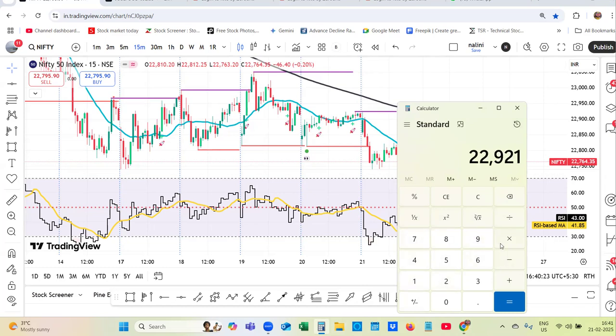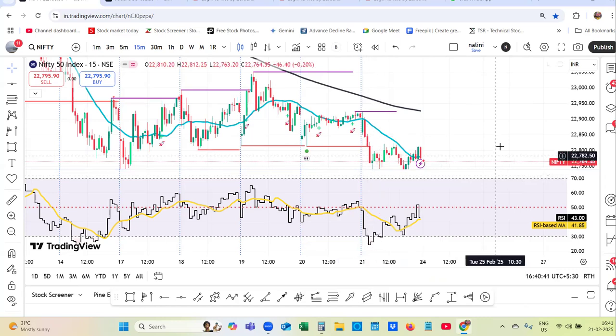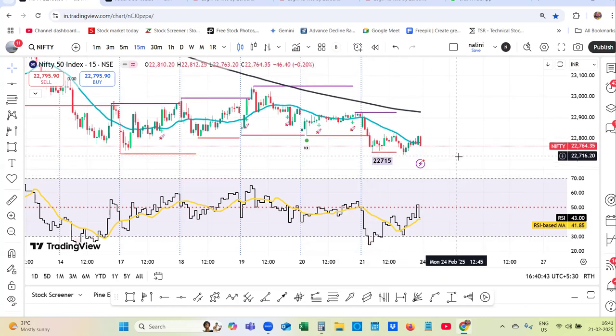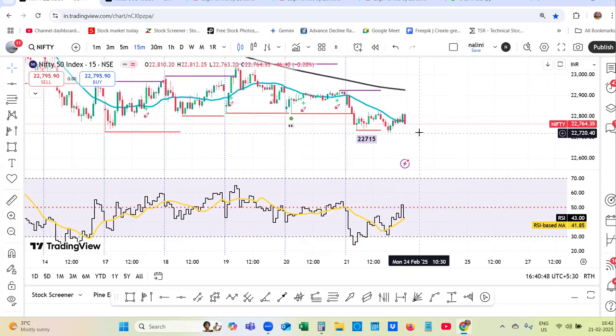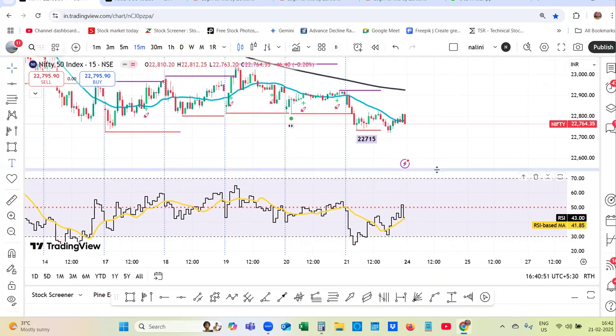I'm square rooting it and minus 0.618. I'm getting 150.77. If I square it, I got some other exact level, 22,715 I had got. Okay. So on an average, I'm getting 22,734 or 750. So this was the level I got when I entered into the trade.